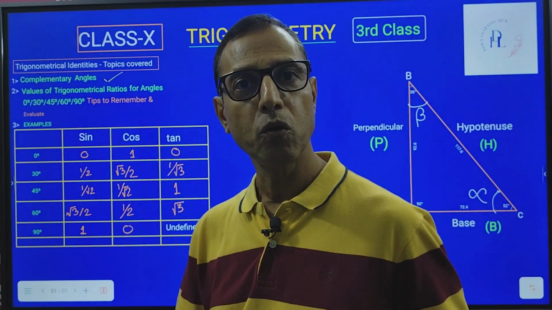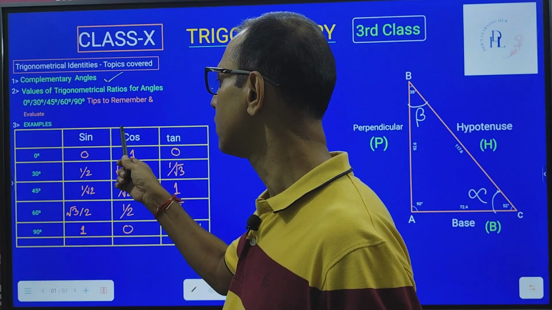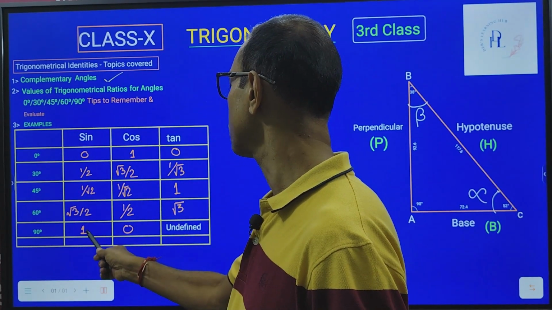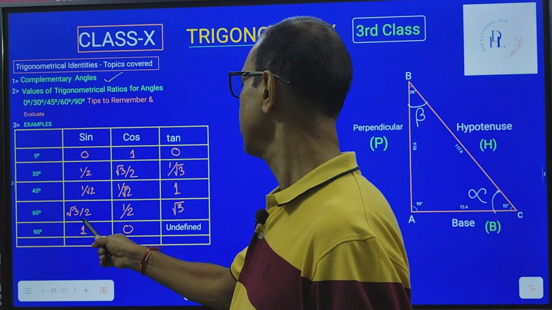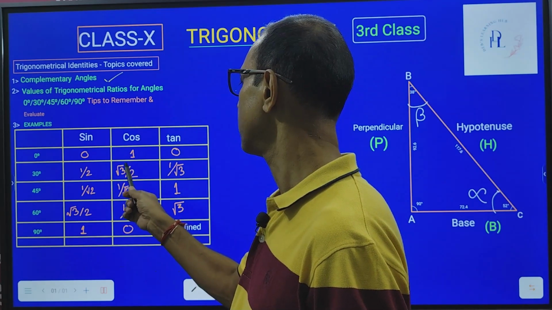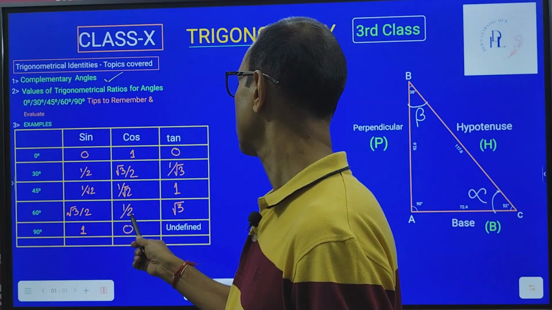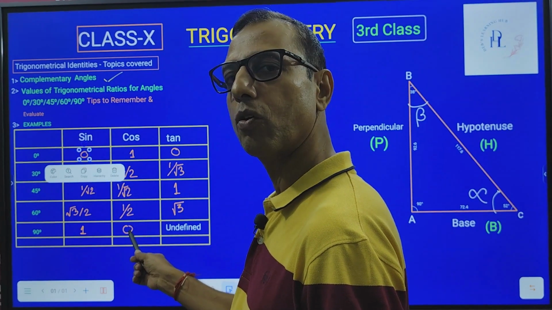For cos, it is just the reverse of sine from 0 to 90. So sine 90 is cos 0. Sine 60 is cos 30. Sine 45 and cos 45 are the same. Sine 30 is cos 60, and sine 0 is cos 90.